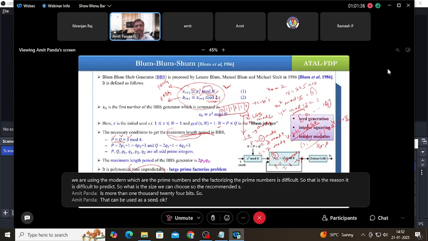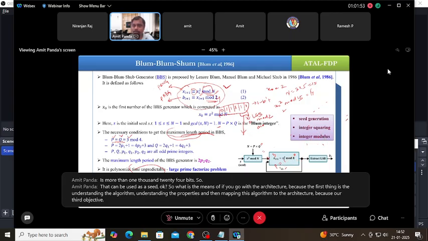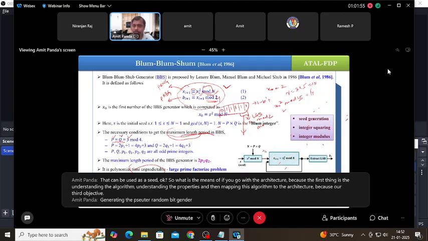Now if you go to the architecture, the first thing is understanding the algorithm and its properties, and then mapping this algorithm to the architecture. Because our third objective in generating pseudo random bits, in any PRBG or PRNG, is an efficient architecture. So what is the architecture?